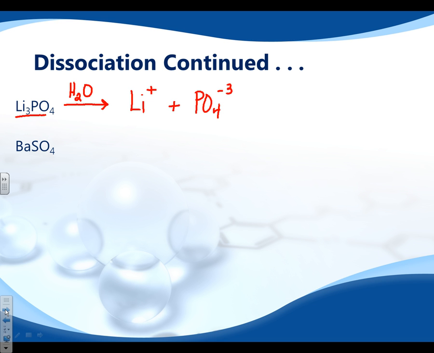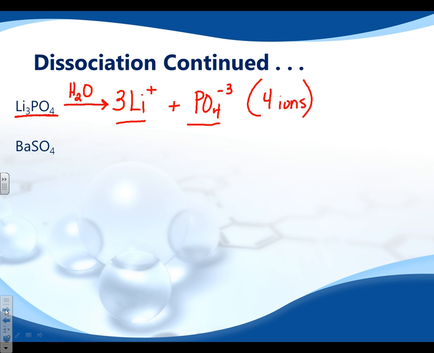So I can go back and refer to my formula over here and notice that I need 3 lithiums. Those 3 +1s will balance out that -3 charge of the phosphate. So I've got 3 lithiums, 1 phosphate for a total of 4 ions. That's the strongest electrolyte we've created so far. The most ions created there in solution.